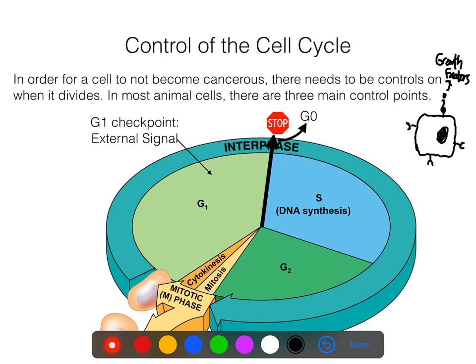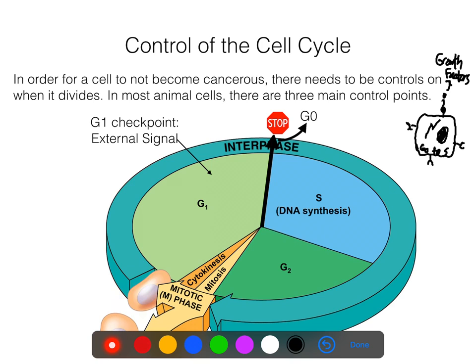If the growth factor binds to the receptor, then that sends a signal that tells you to go to S. And if you don't receive the growth factor for long enough, you just go to G0 by default.